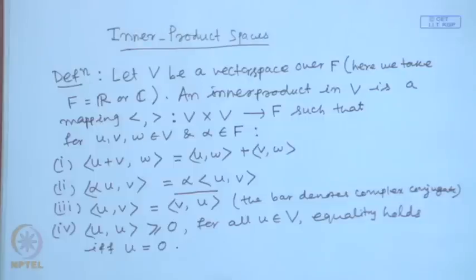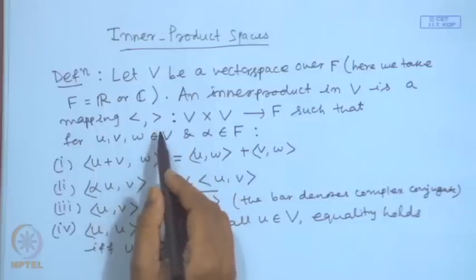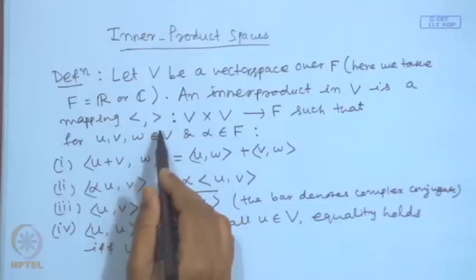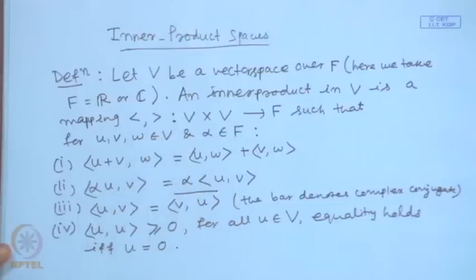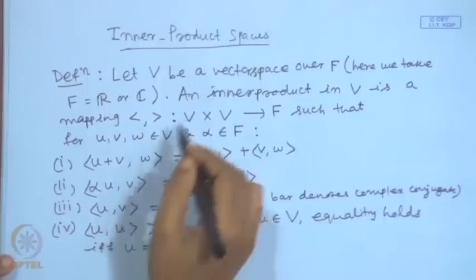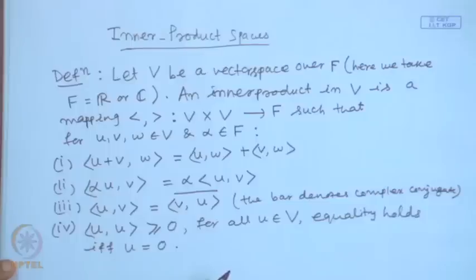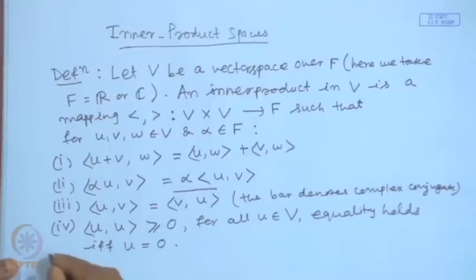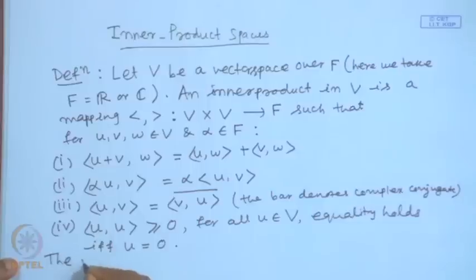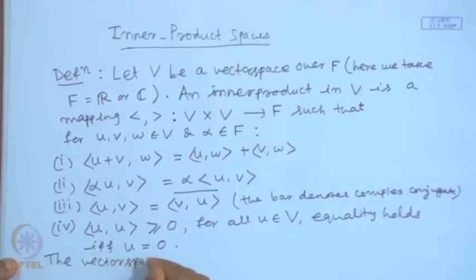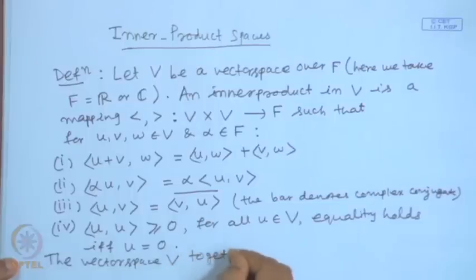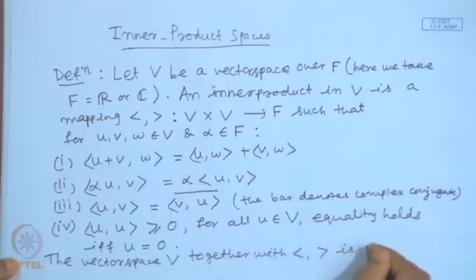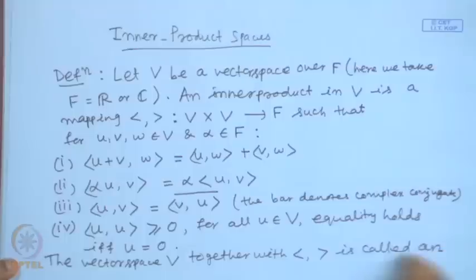So, any vector space together with a mapping, this inner product, which satisfies these 4 axioms, is called an inner product, and the vector space V together with this inner product is called an inner product space.